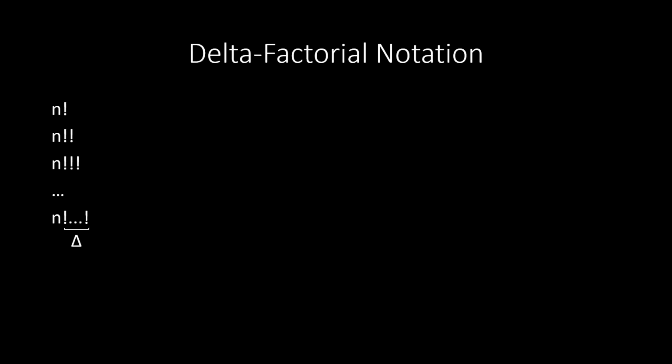Now, that can be quite tiring. We don't want to be writing these delta factorials or these factorial symbols over and over and over again, especially when it gets into larger and larger numbers. So what I'm going to be introducing here is so-called delta factorial notation. This is just to make everything a lot simpler so that we're not writing all these factorials over and over.